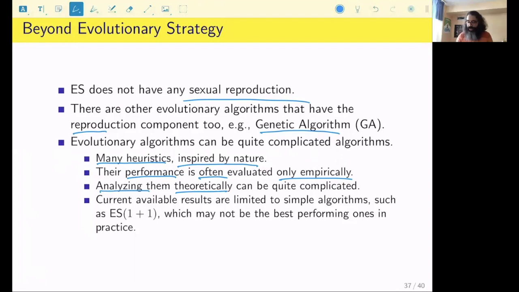I am not an expert in the field, so I don't know the state of the art, but as far as I know, we know results for ES 1+1 and some others, but not many. Most algorithms don't have any theoretical analysis.